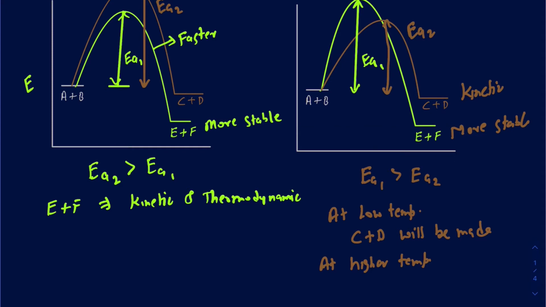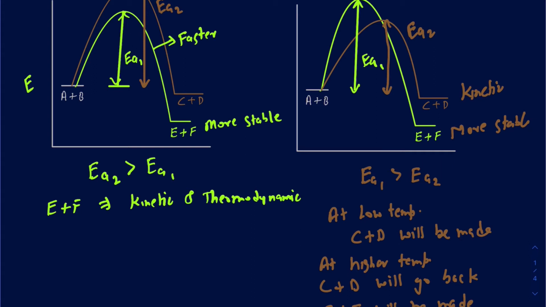So I can say at high temperature, C plus D will go back to make A and B, and then the A and B have enough energy to cross EA1. And once they have enough energy to cross EA1, the E plus F will be made as your major product.